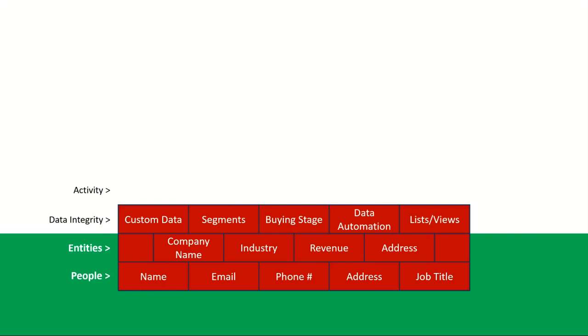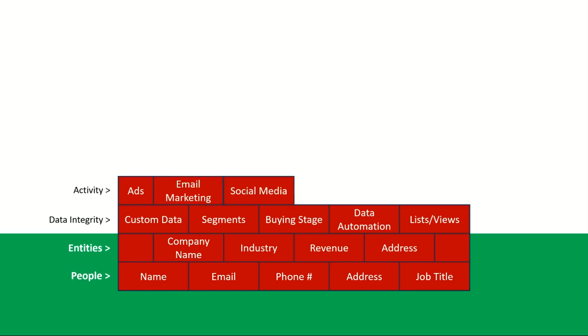And that brings us to the second layer, the second floor of your building, the activities. So you might be running ads, you might be doing email marketing, which requires a list to send to. You could be doing social media posts on your own entities or perhaps some advertising on social media, and that requires some targeting as well.